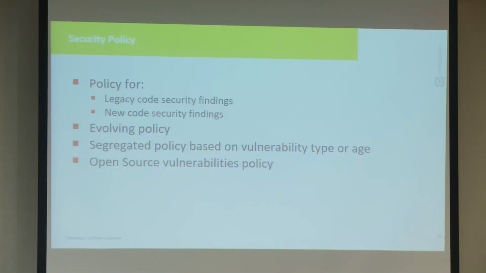DevOps is not just about tools, not just about people. It's also about processes and policies, right? So some of the examples, right? And again, what works for you is something that you'll have to decide, and maybe you guys can volunteer some of your experiences.